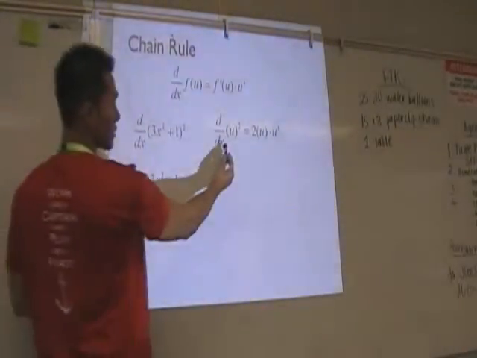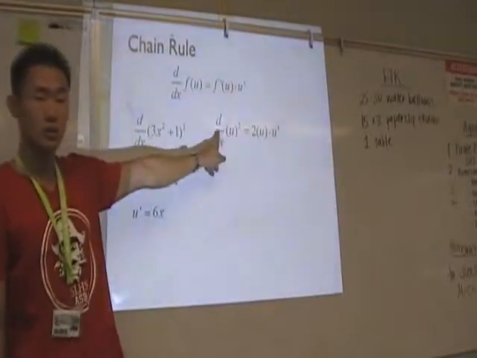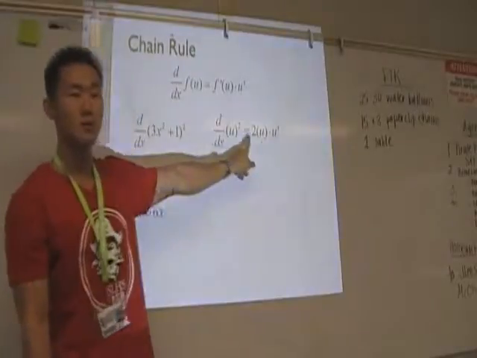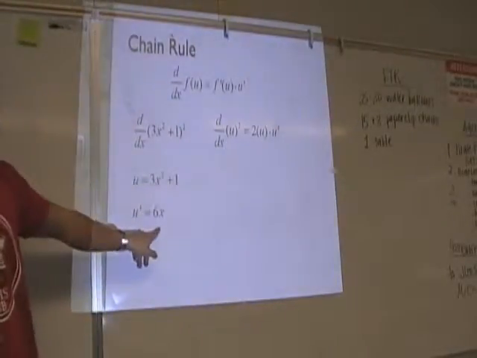So here we have the derivative of u squared, which we just use the power rule for. So it's 2u times the derivative of u, which we know is 6x.